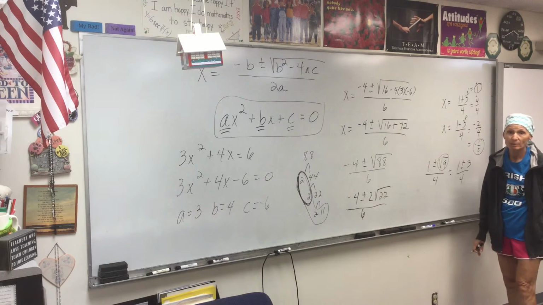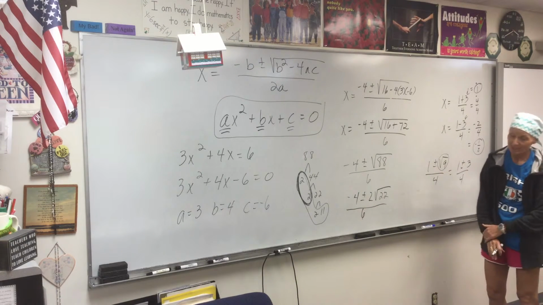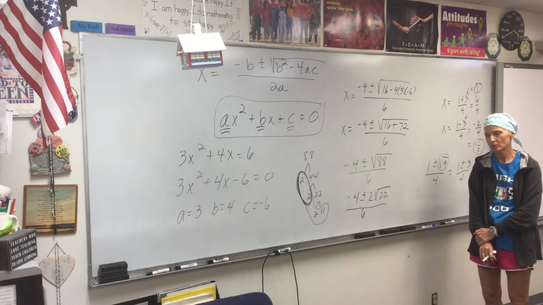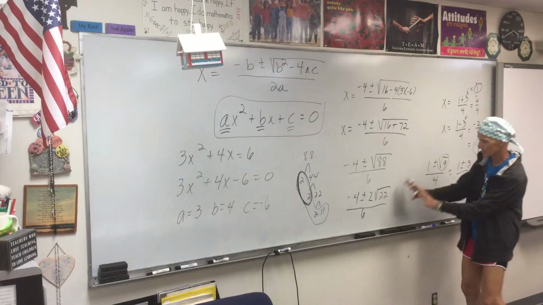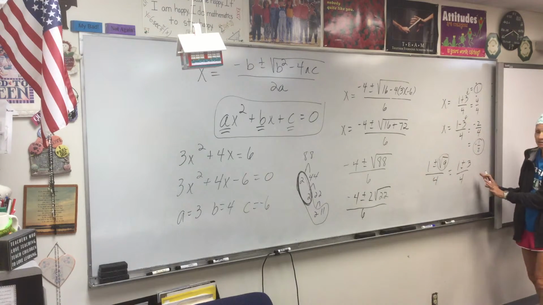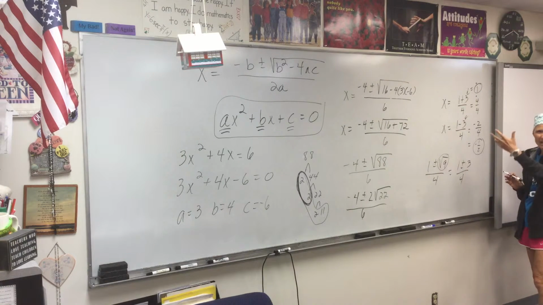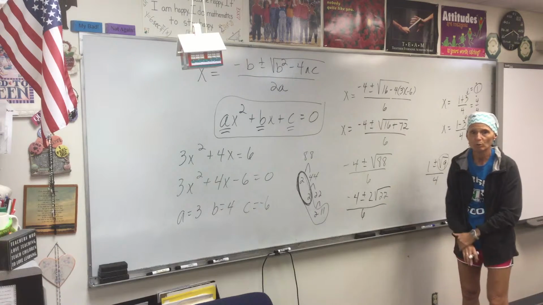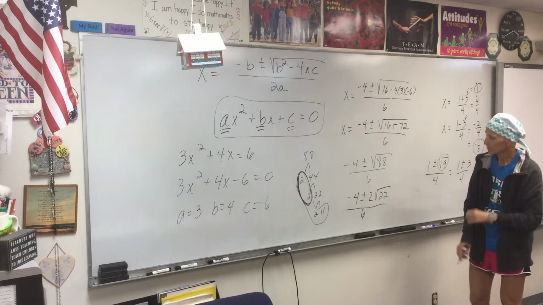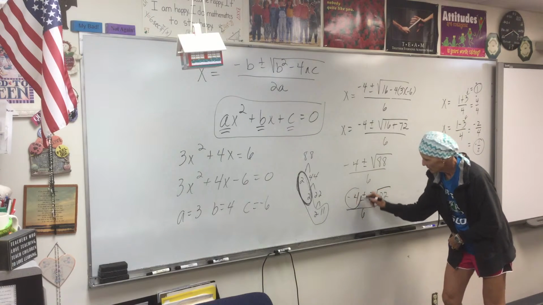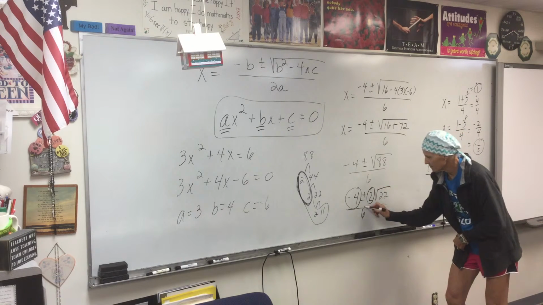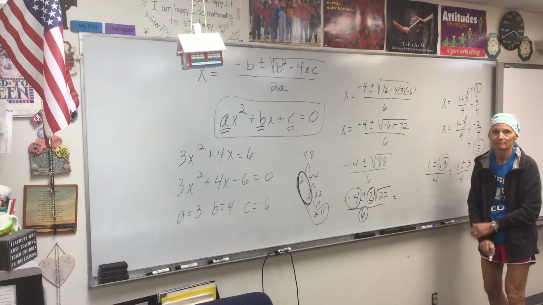This is a great problem because now we actually can reduce this fraction. You can't do to this what we did to this. You can't get whole numbers, rational numbers, from here because you've got this root 22. However, you do have a negative 4, a positive 2, and a positive 6.